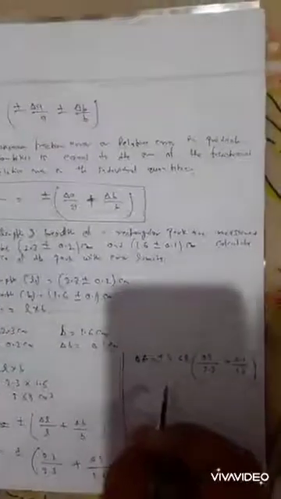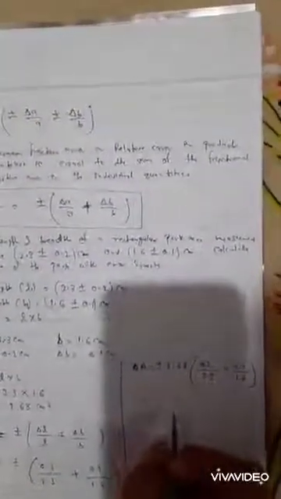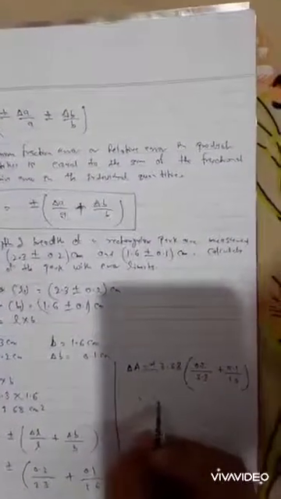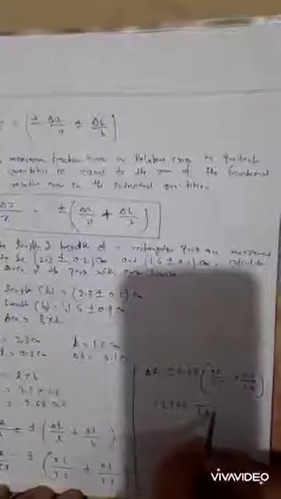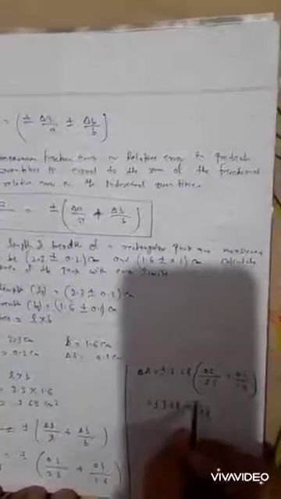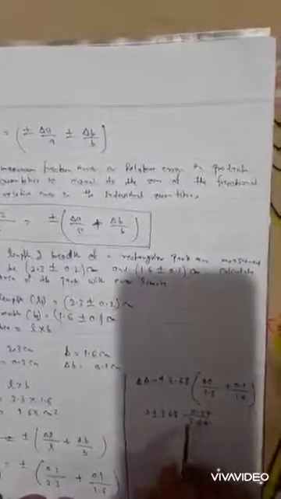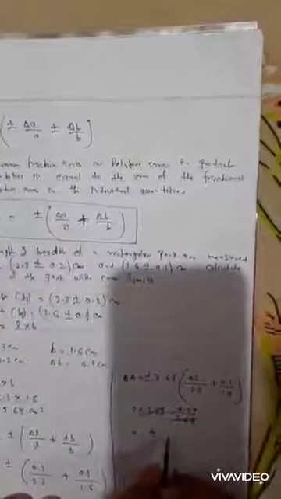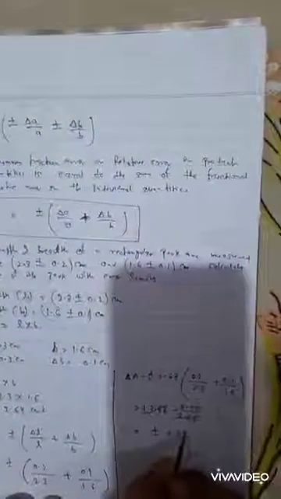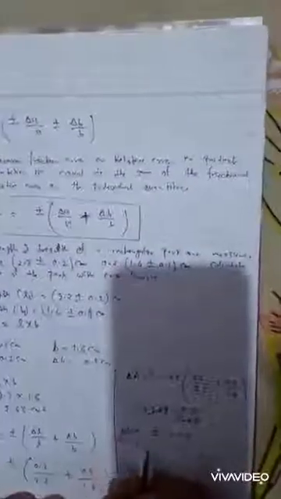So after solving this, you will get around 3.68 and here 0.5. So 3.68 and 3.68 will be cancelled out and we are left with delta A, that is 0.55.